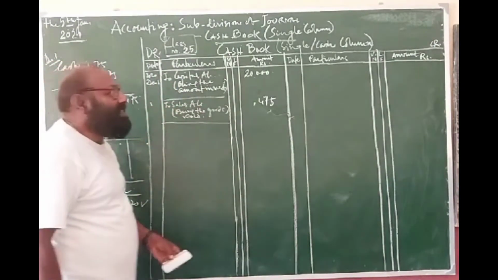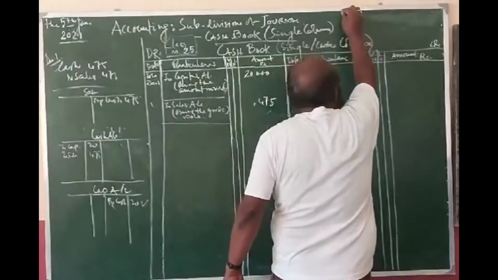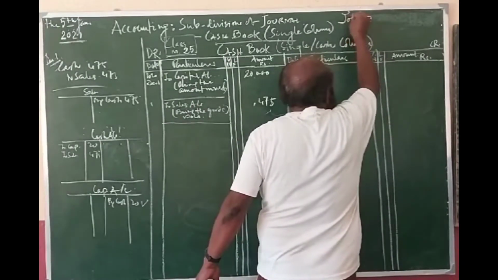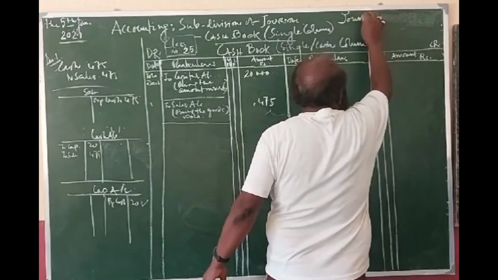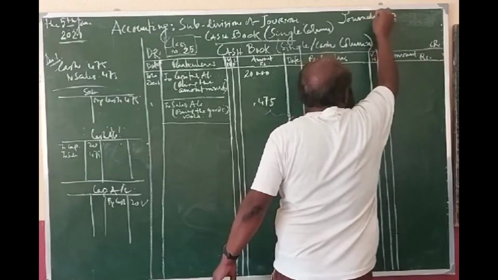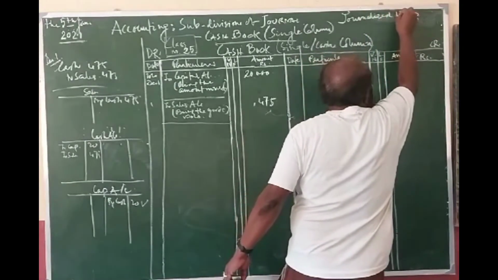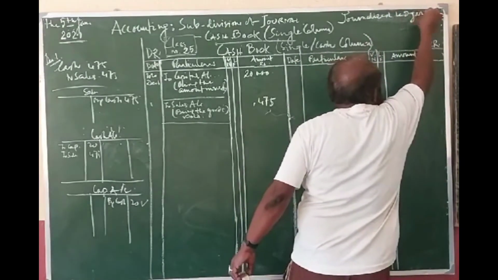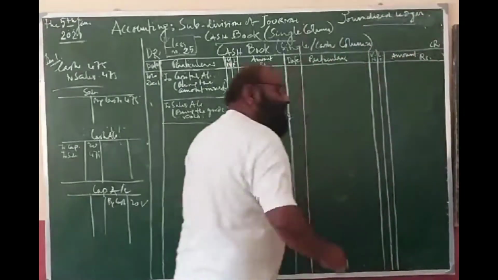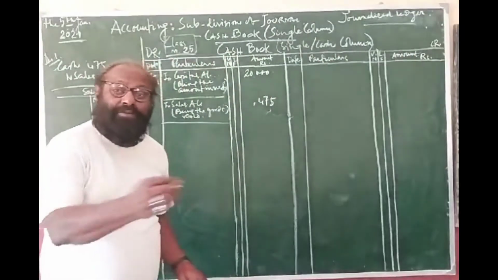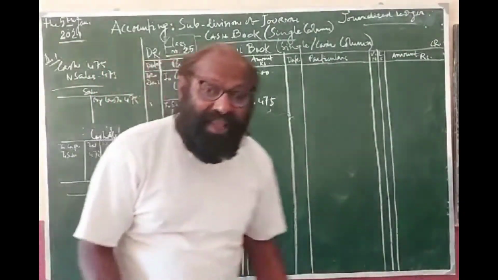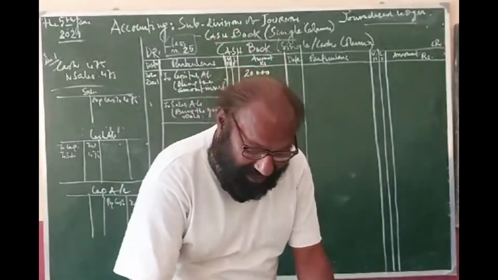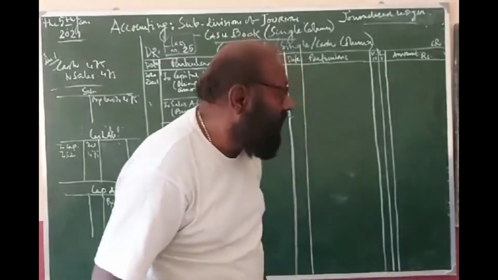So the cash book is regarded as a journalized ledger, because it serves both the purpose of the journal and the purpose of the ledger.